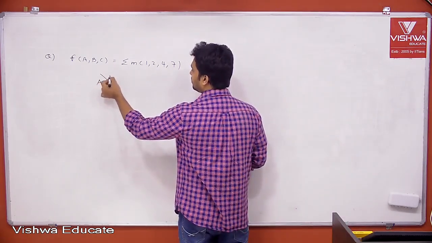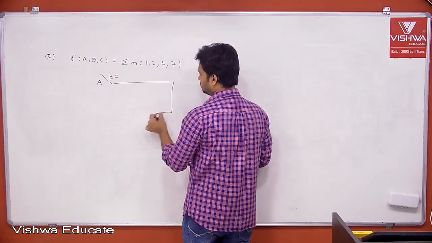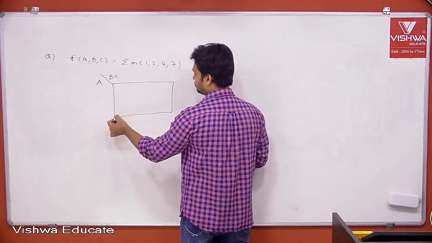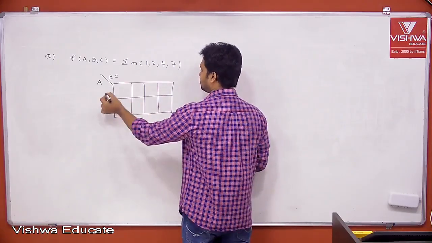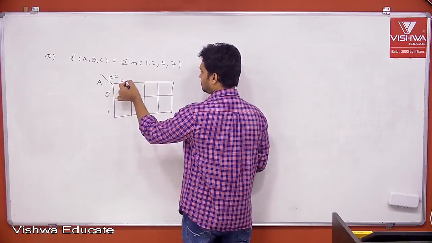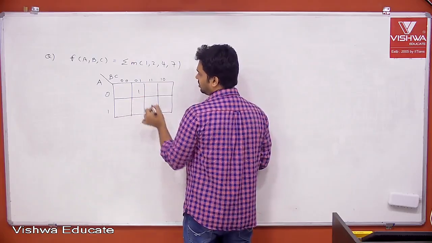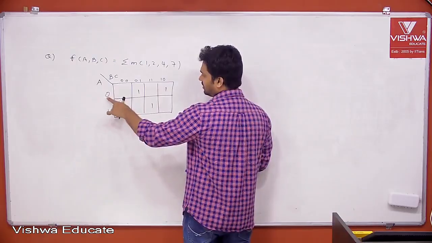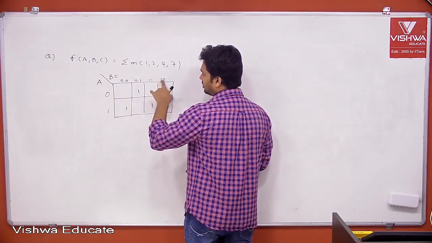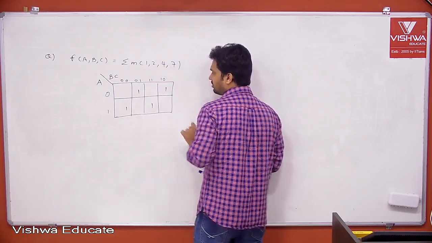A, B, C. Sum of the minterms 1, 2, 4, 7. Yes or no? 1 means 0, 0, 1. 0, 1, 0. 1, 0, 0 is minterm 4. 1, 1, 1 is minterm 7.